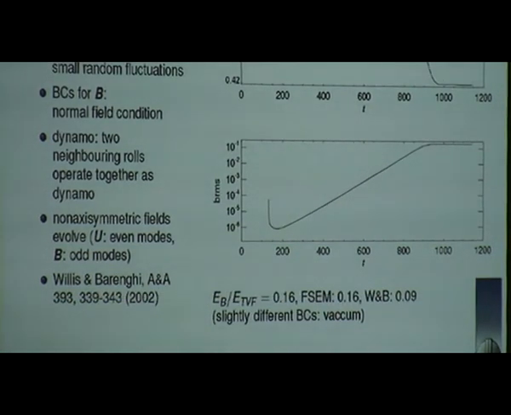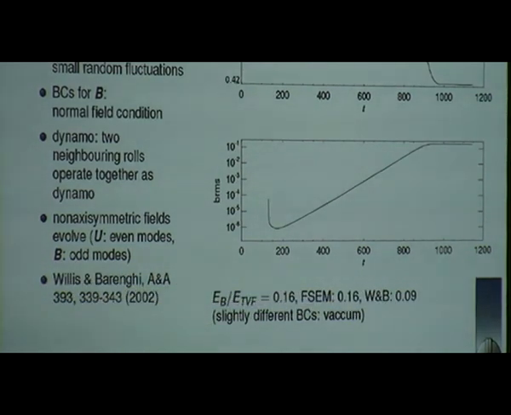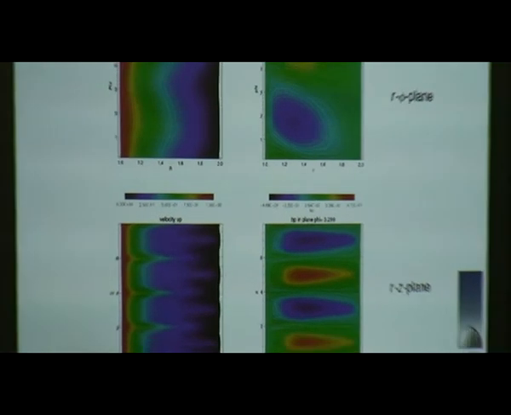So far the results of these both codes are exactly the same, and I think the difference here is due to boundary conditions. I use the normal field condition, and the spectral code from Willis and Barenghi a vacuum condition with an external potential.